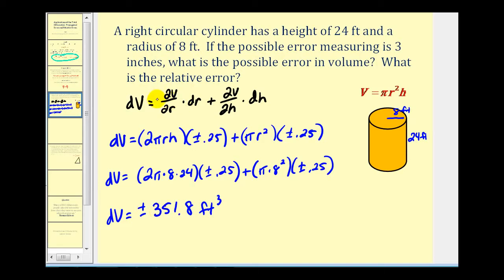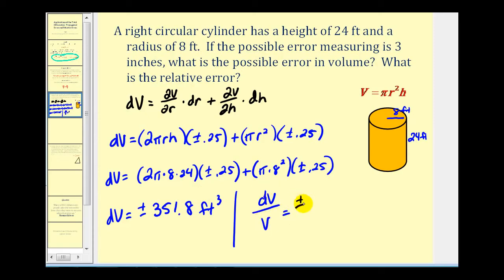However, remember, the goal was to determine the relative error. This is the propagated error, meaning when we calculate the volume, it could be off by as much as this based upon the error in the measurement. But to get an idea of whether this is acceptable or not, we need to determine the relative error. The relative error would be the ratio of differential v to the true volume.